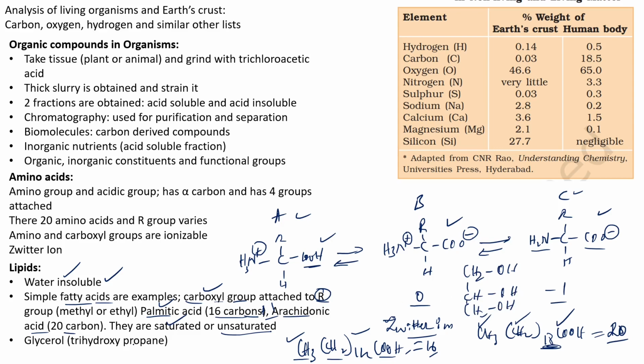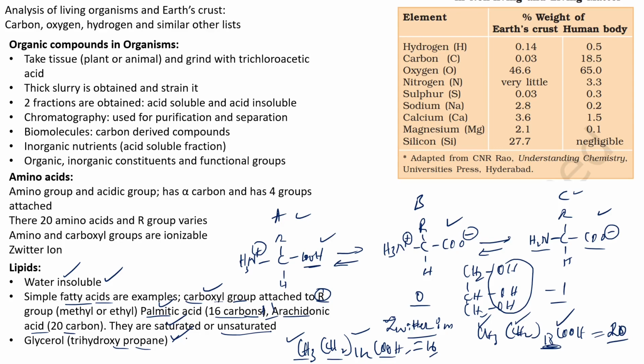Hence it is called trihydroxypropane because of the 3 hydroxyl groups present in the chemical structure. So it is called glycerol, and the alternative name is trihydroxypropane. For a propane molecule we have 3 hydroxyl groups, hence trihydroxypropane in a simple way. And glycerol is very much important.